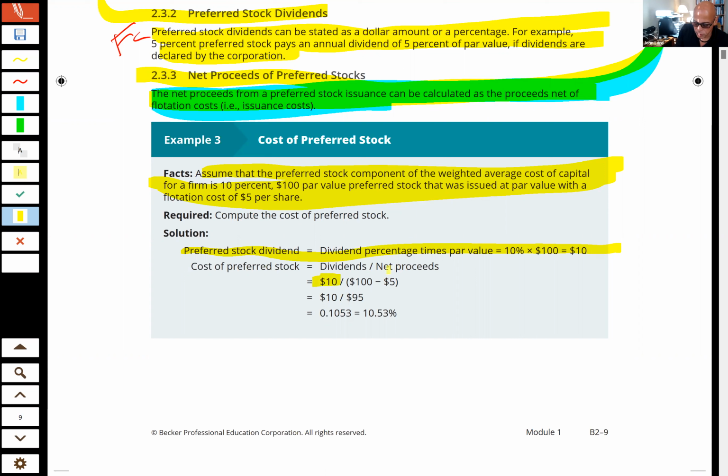The net proceeds, okay, not shocking, would be the par value minus the $5 flotation cost the question gave us. We do the math on that, and so the cost of the preferred stock is 10.53%. So you look at the cost of capital for the debt, the cost of capital for preferred stock, pretty easy.